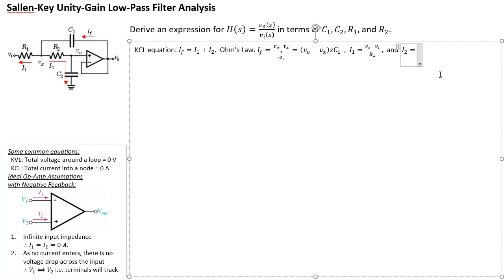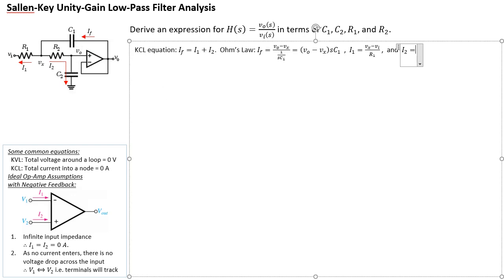So I2 here is going to be equal to Vo. I'm taking only the I2 that is going through C2. Because this is Vo, that is also Vo, so the voltage across C2 is actually Vo.